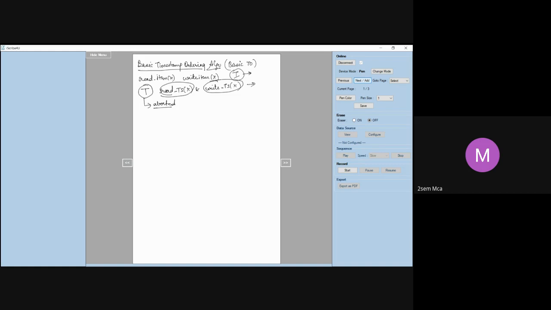If T is aborted and rolled back, then any other transaction T1 that might have used a value previously written by T also should be rolled back.